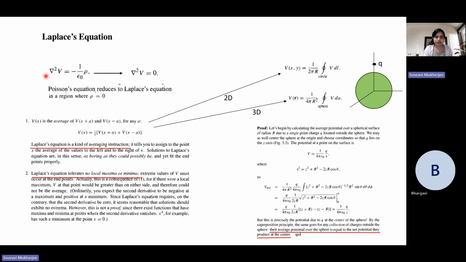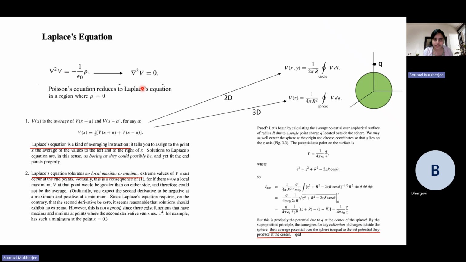You remember we got this from the relation that divergence of E is equal to rho by epsilon naught, and then you write the electric field as the gradient of some potential V. Now, what happens when this rho, the volume charge density, goes to zero? We get del square V equal to zero, and this is our Laplace equation.